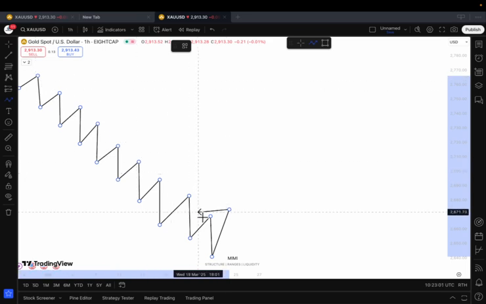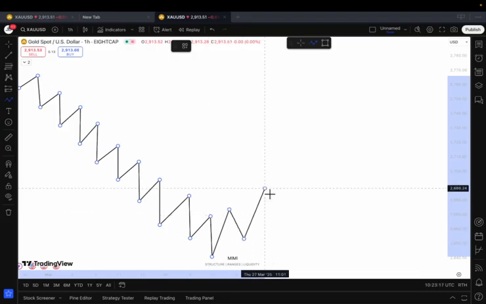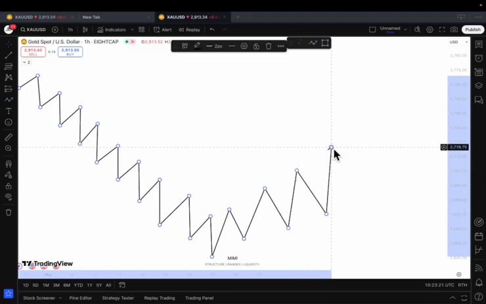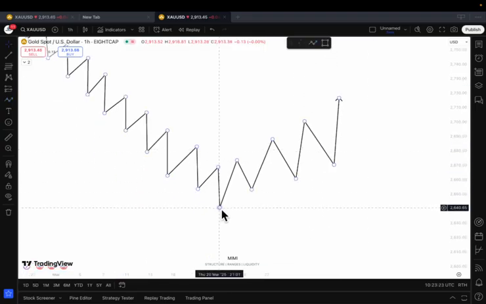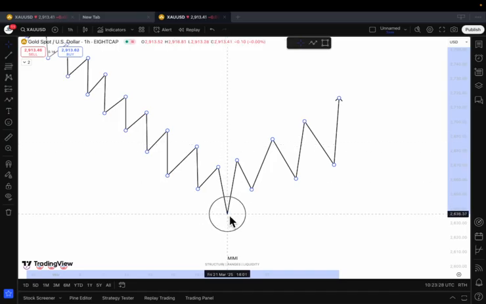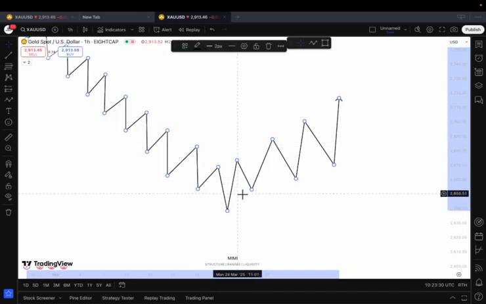For this point to be confirmed as a range, price after giving us a change of character in the 4 hours time frame needs to break structure 3 times externally. If this happens, then this point becomes our range low.